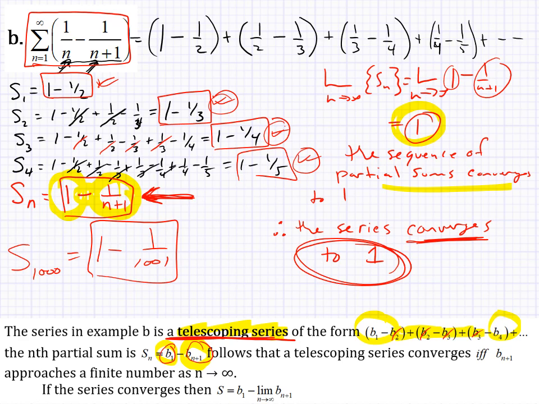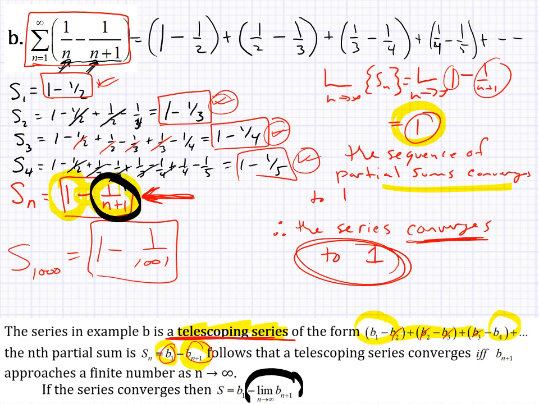But if that last term does not approach a finite value, then that's going to do the exact opposite thing. So the series will converge based off of the limit of that last term.